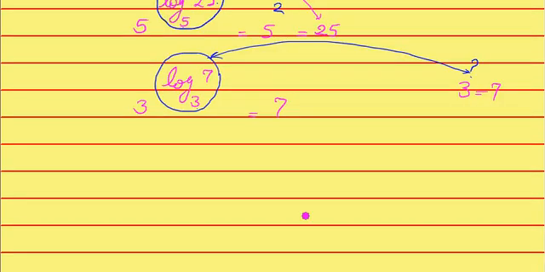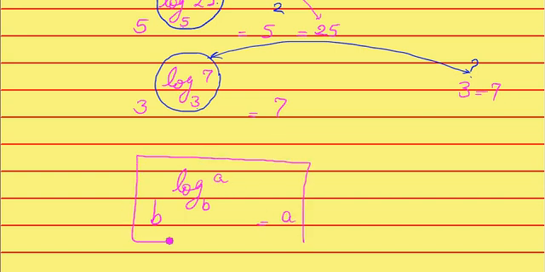So in general, we have the following. B raised to the power of logarithm of any number in base B, so long as these two bases are the same, is the number you have started with here. That's A. So that's another fact that shows the interplay between logarithm and exponential.